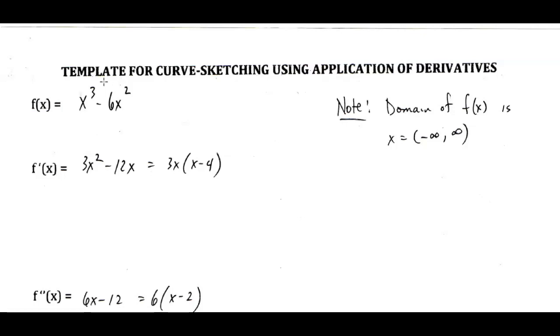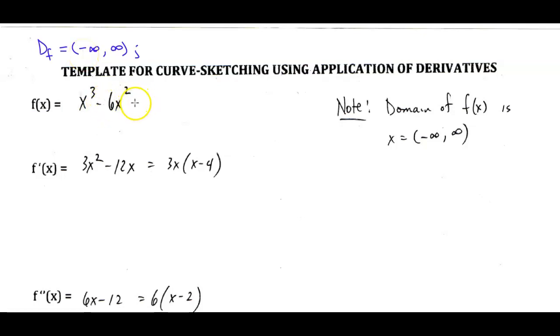For starters, we want to know the domain of this function. Since it is a polynomial, the domain is all real numbers, and that will come into play in our template. Another thing we need to know, since this is a polynomial, is where the x-intercepts are.